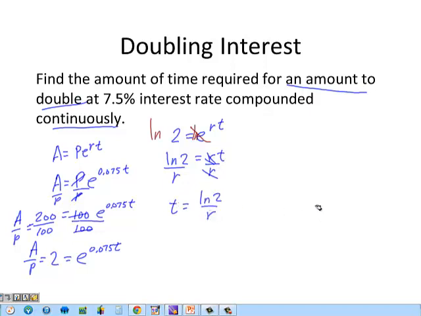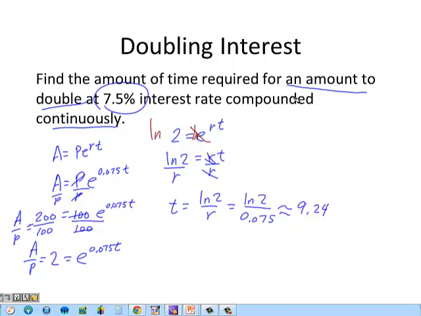All right? Now all we have to do is put in the r, which is 0.075. And in my calculator, I get the natural log of 2 divided by 0.075, and I get 9.24. So about 9 years.